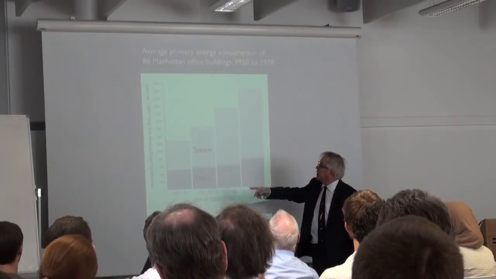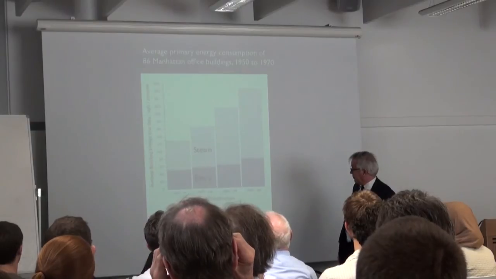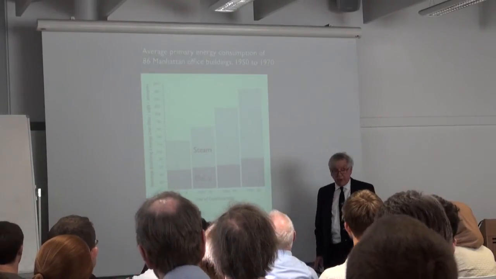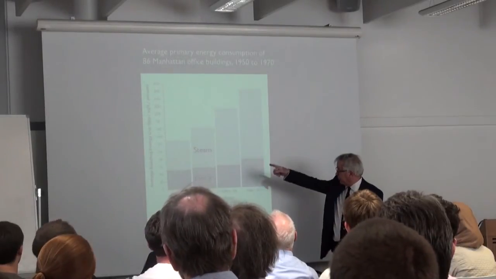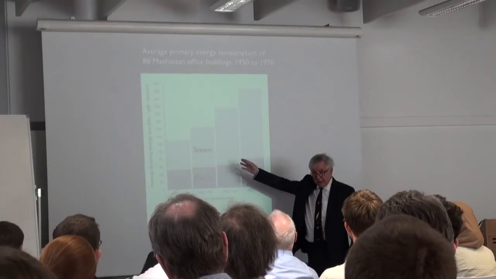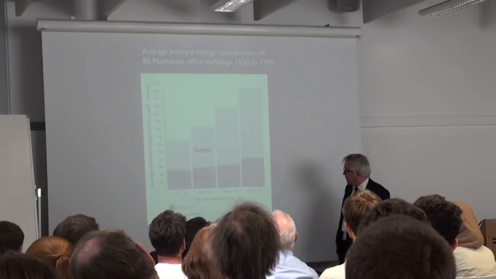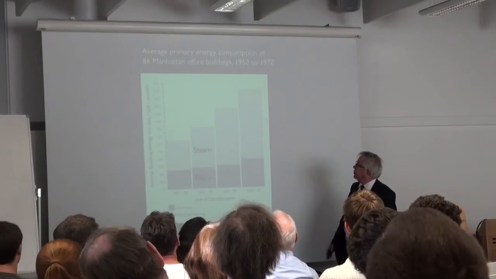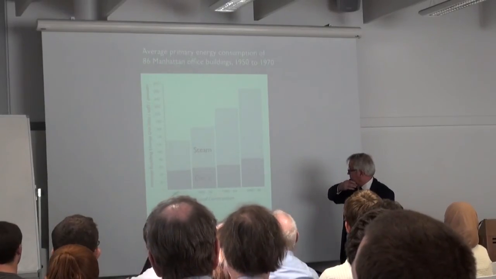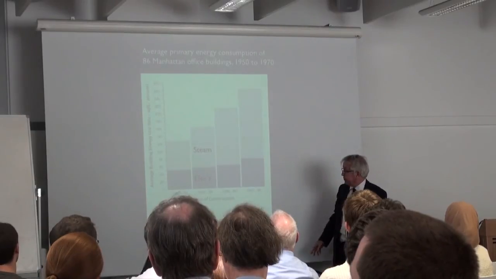This is the energy use, but this is primary energy use. Obviously, steam and electricity are not primary energy uses, but I imagine these are estimates of what is needed to provide the steam. This would be the Consolidated Edison district heating of Manhattan. And you'll see that there's a doubling of average use just in those 20 years.